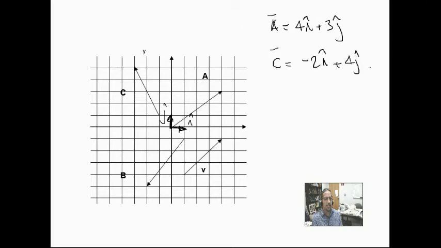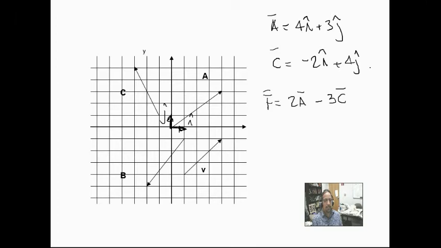And then I can ask you, for example, to carry out the following operation: the vector F is equal to 2A minus 3C. Again, this is a combination of vector addition, 2A plus minus 3C, and scalar multiplication, 2 times A minus 3 times C.